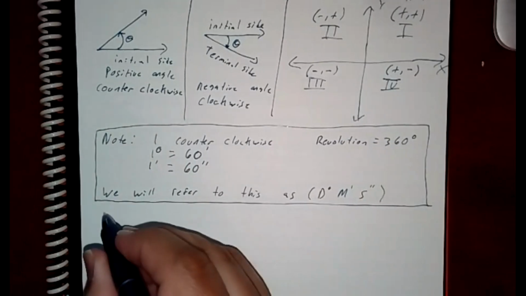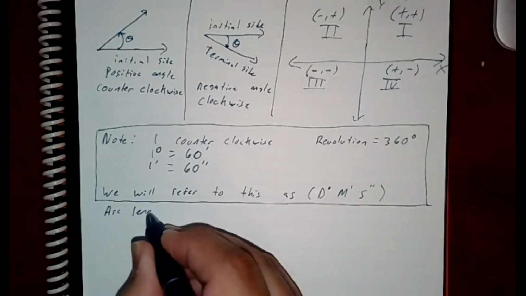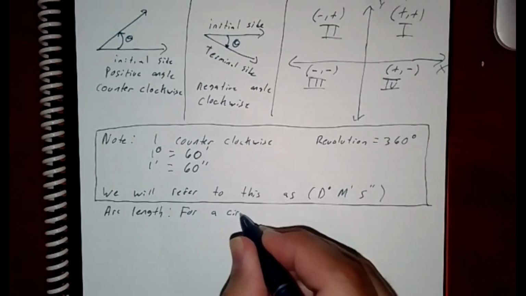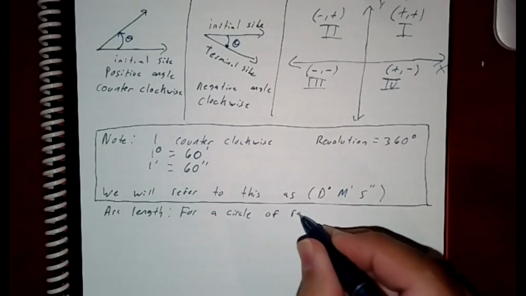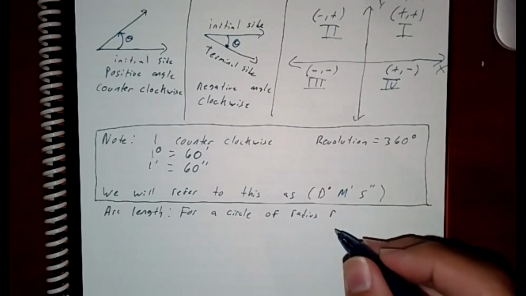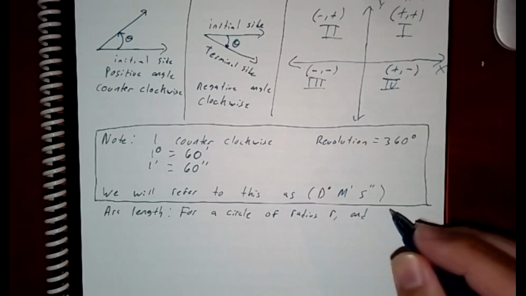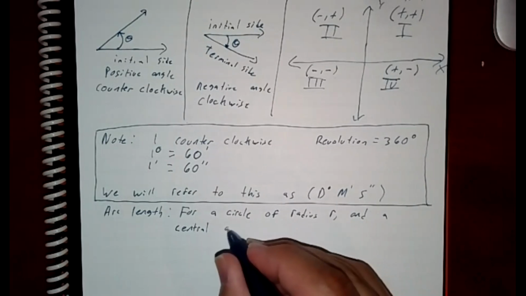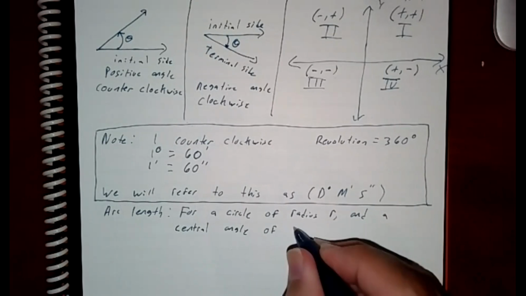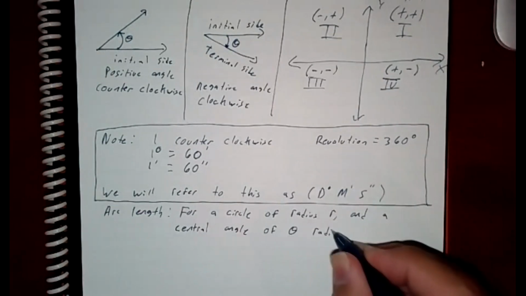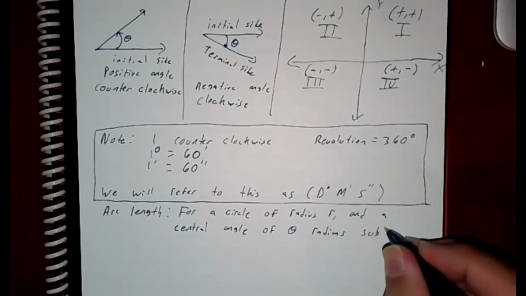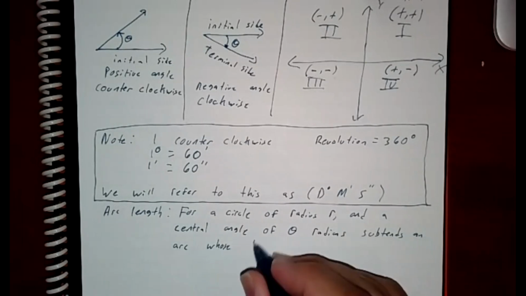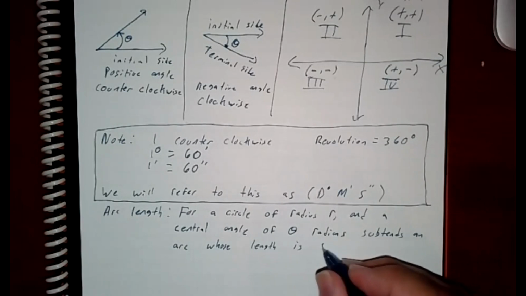Now let's do arc length. For a circle of radius r, and a central angle of theta radians, subtends an arc whose length is S equal to r theta.